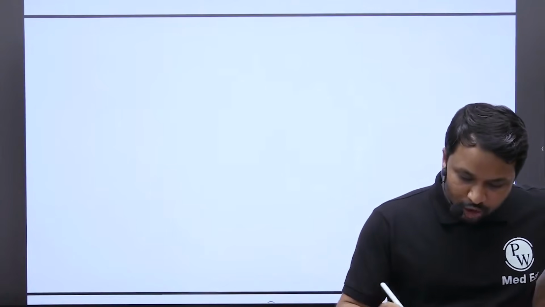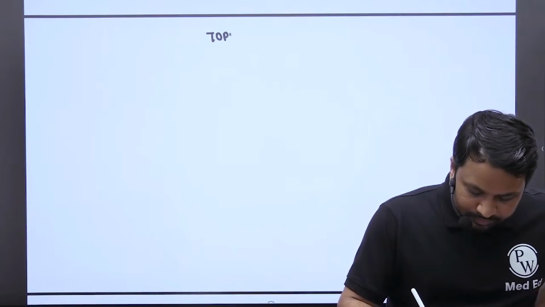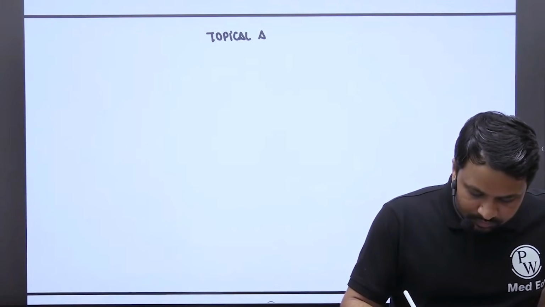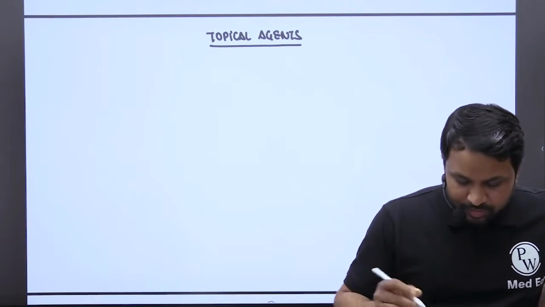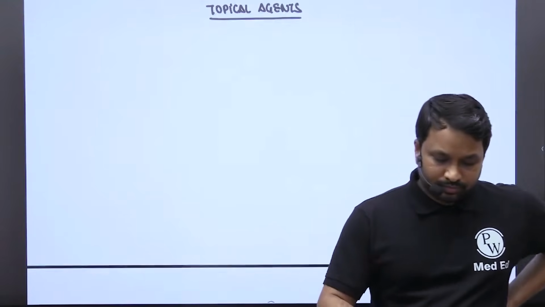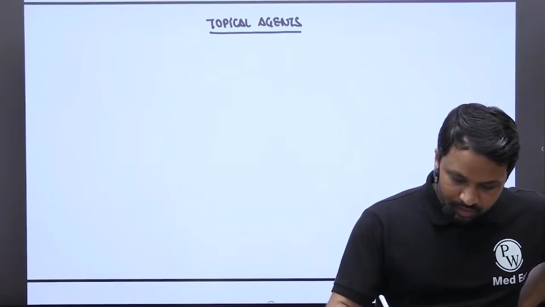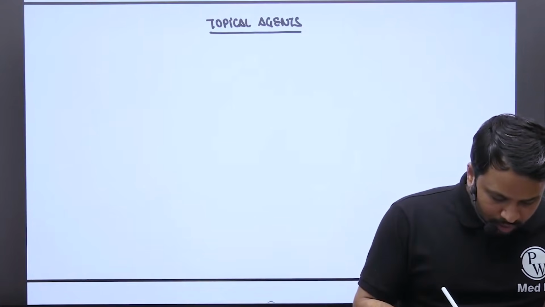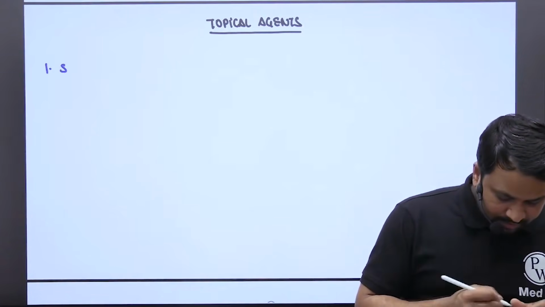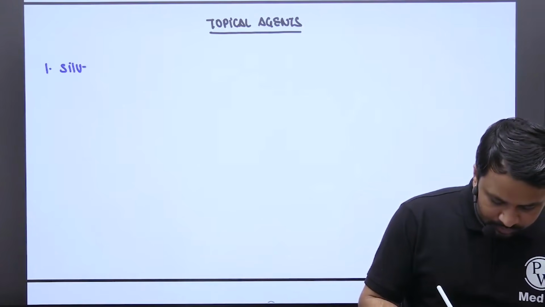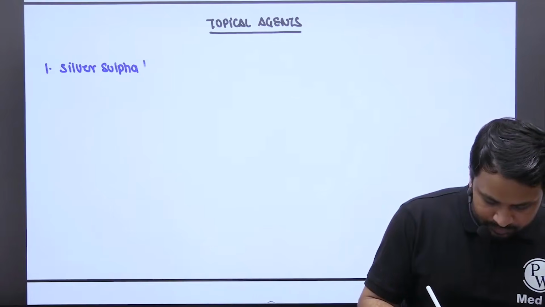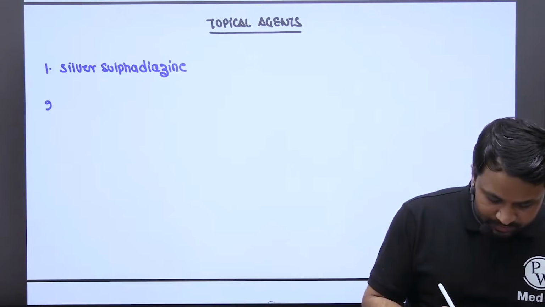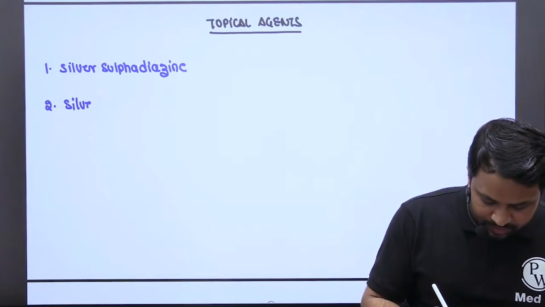So what are the different topical agents that you have for burn wound management? Number one is silver sulfadiazine. Then you have silver nitrate.